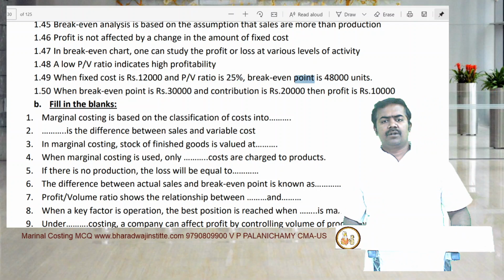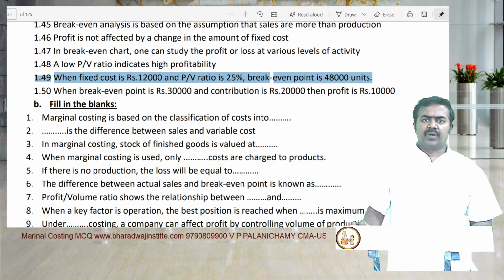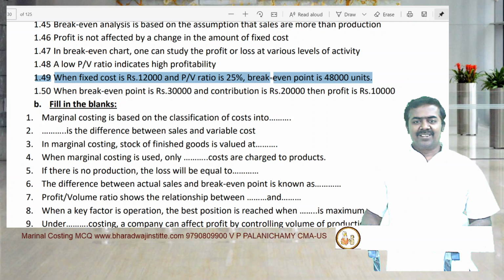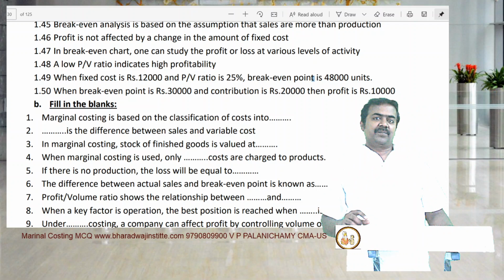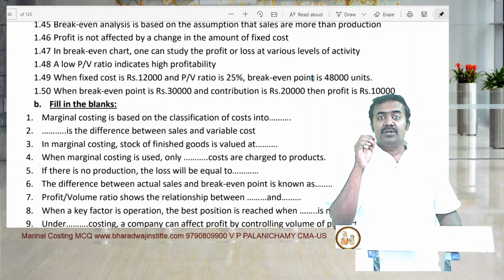So the numeric answer is right, but remember, fixed cost by PV ratio will give us break-even point in rupees.